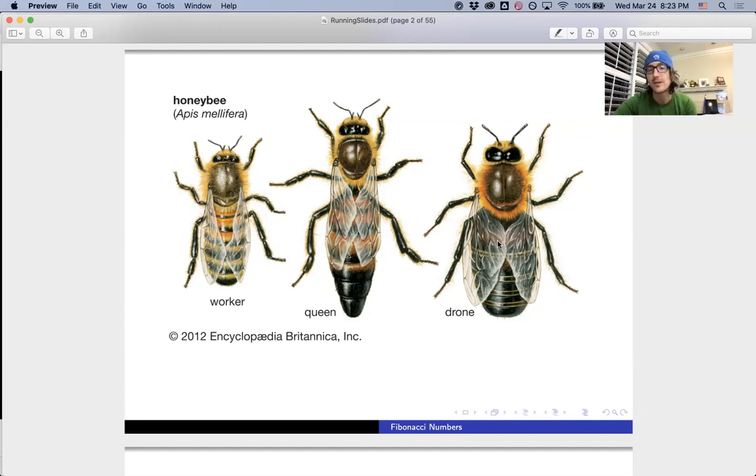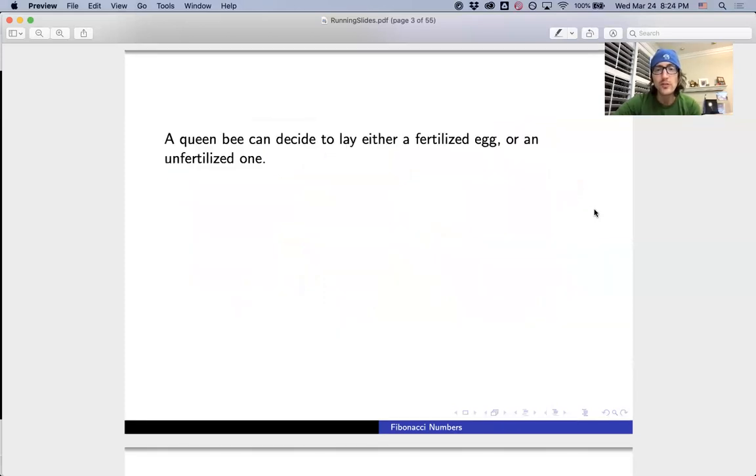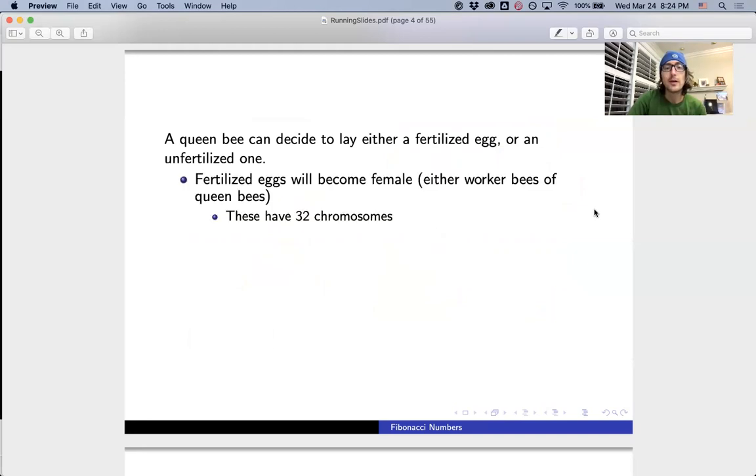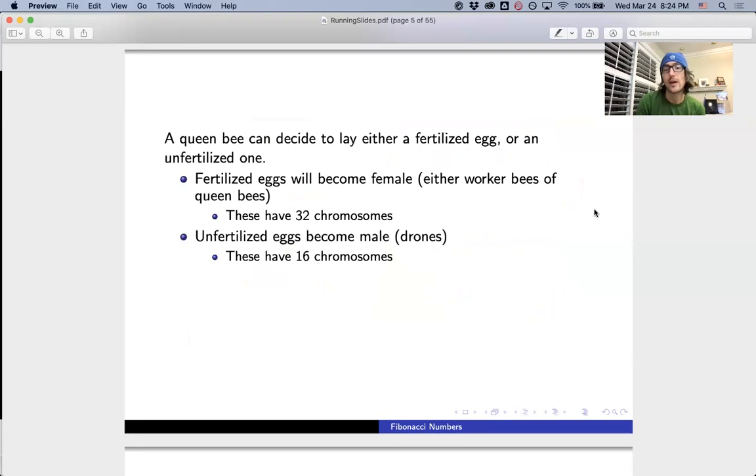All of these bees have different roles in the hive. But what's really interesting is that the queen bee can decide to lay either a fertilized egg or an unfertilized one. The queen is born with eggs that are unfertilized, and after mating with a male, can decide whether to lay a fertilized or an unfertilized egg.